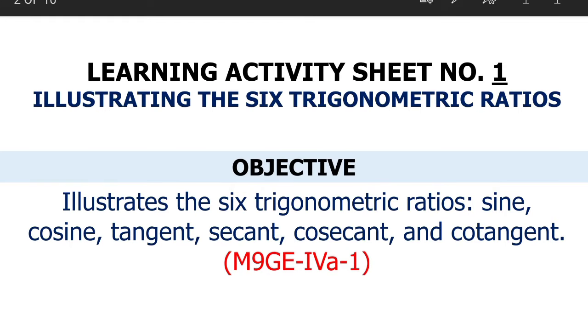By the way, this is learning activity sheet number 1, focusing on illustrating the 6 trigonometric ratios. For the objective, you as a student must illustrate the 6 trigonometric ratios, which are the sine, cosine, tangent, secant, cosecant, and cotangent.